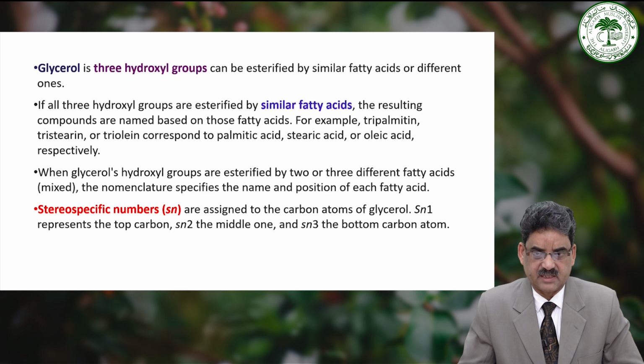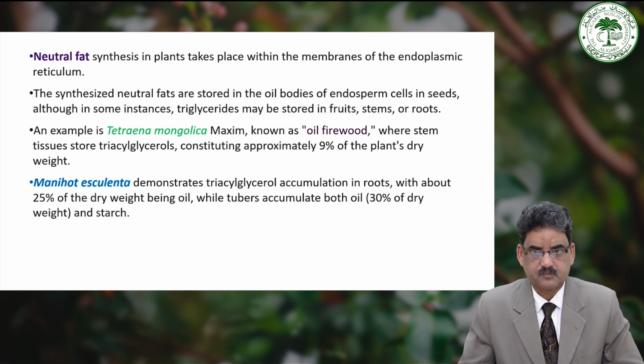This specification is achieved through stereospecific numbering. It is, in short, SN, where SN1 refers to the top carbon, SN2 to the middle carbon, and SN3 to the bottom carbon atom of glycerol.